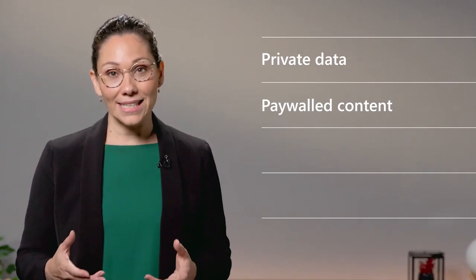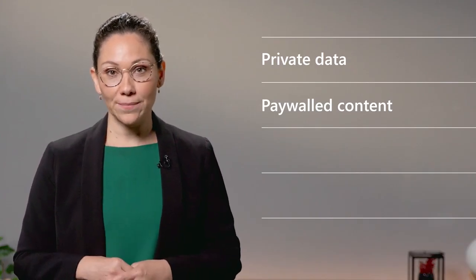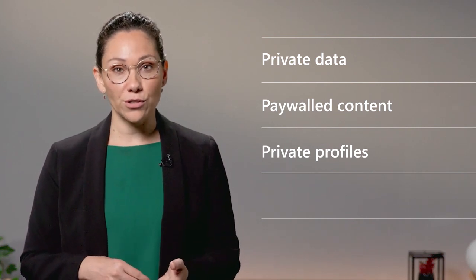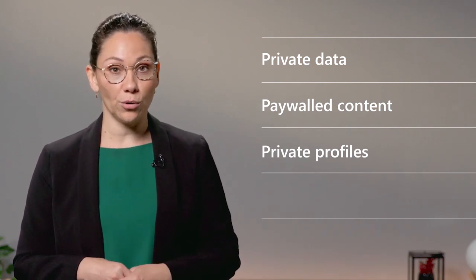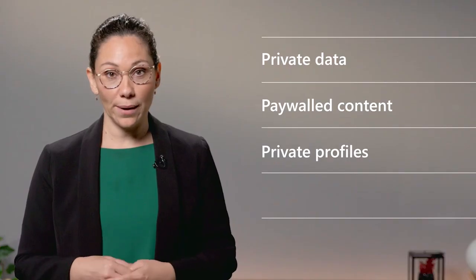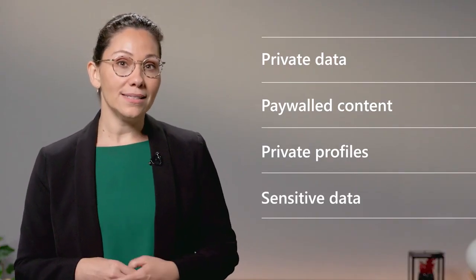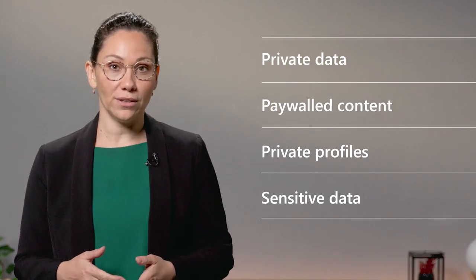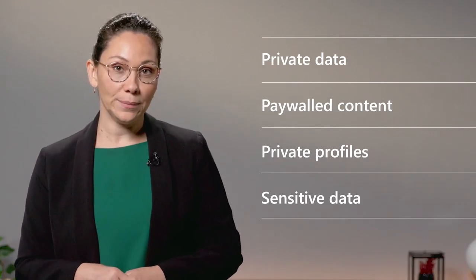This makes them inaccessible to standard search engines. While public profiles might be indexed, private profiles on social media platforms like Facebook or Instagram are part of the deep web. And sometimes, data files containing sensitive personal information or company information can be found on the deep web.